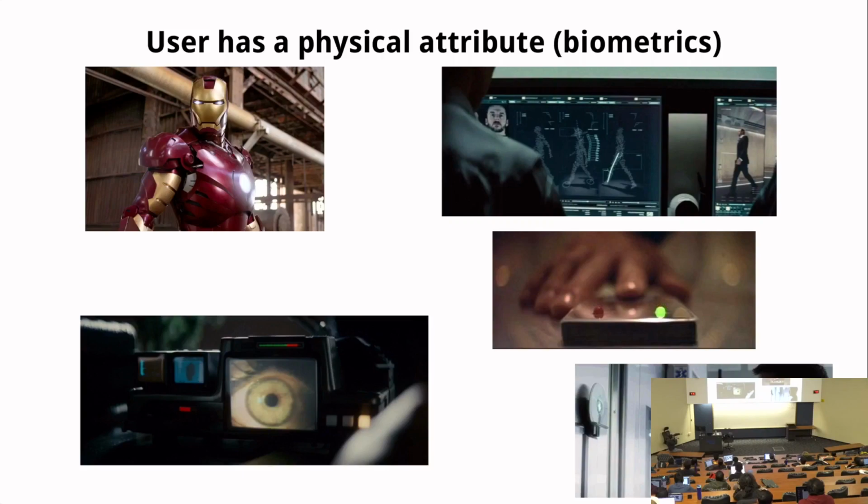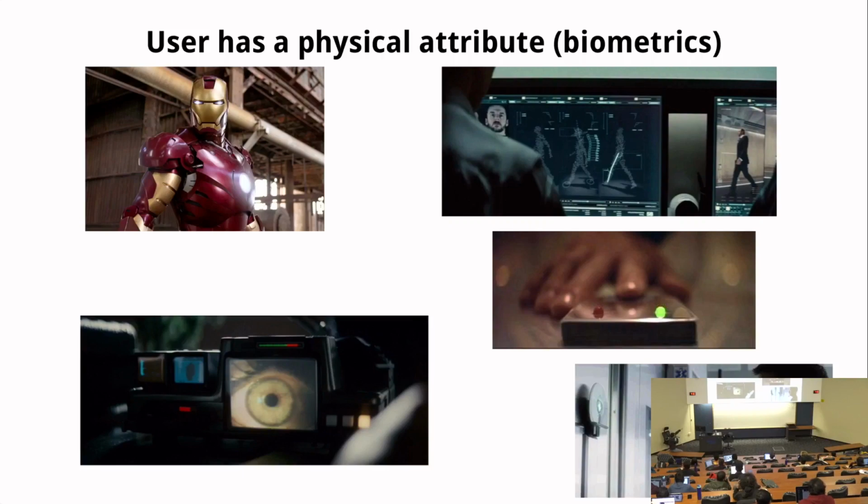Then that one there, I believe that's Mission Impossible. In that picture, you can see the user is walking, and the way he walks is monitored on the device using some algorithm. This is called gait authentication, based on the way you move.